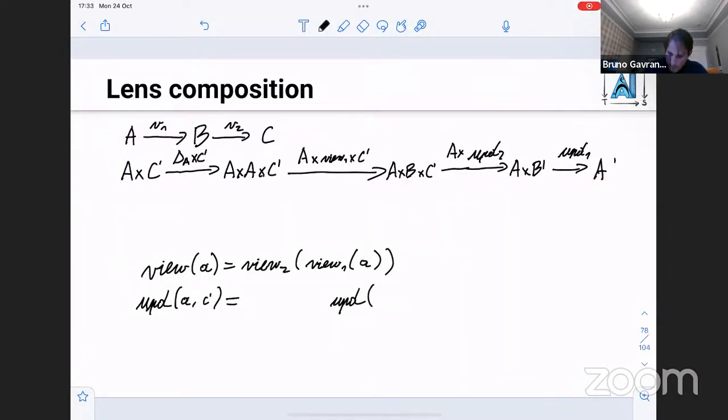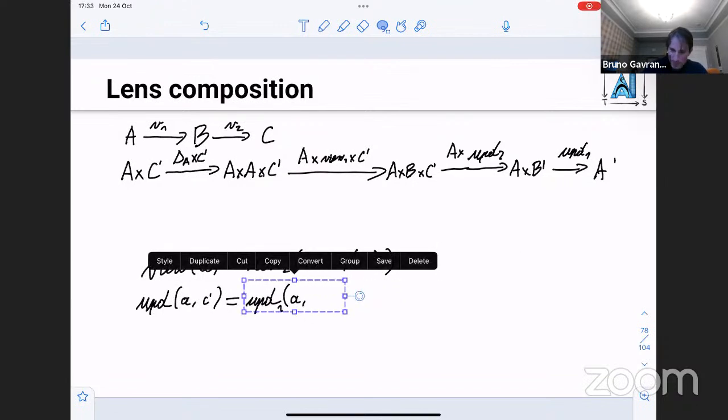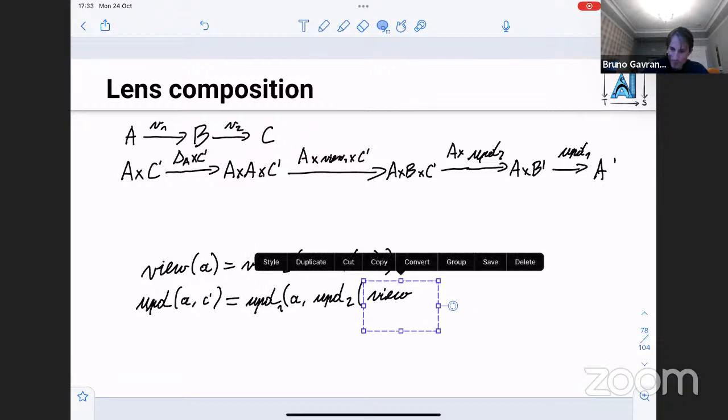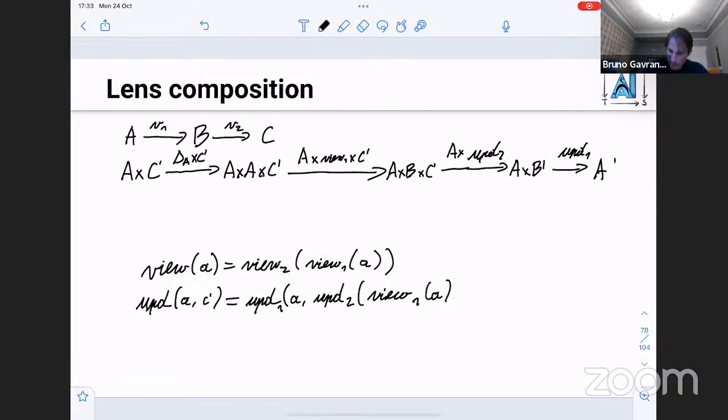So this is going to be update 1, A, so we see I'm also working backwards, update 1 A, and then it's going to be update 2 of A view, sorry, update 2, view 1 A, C.